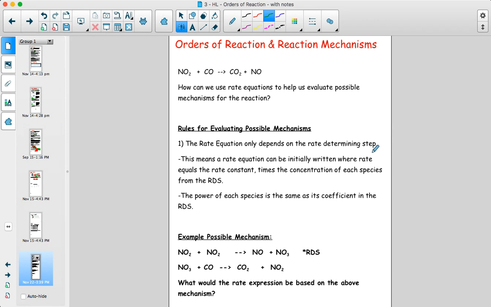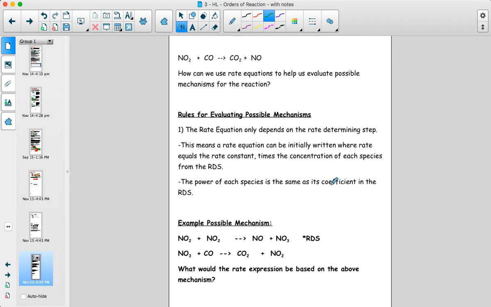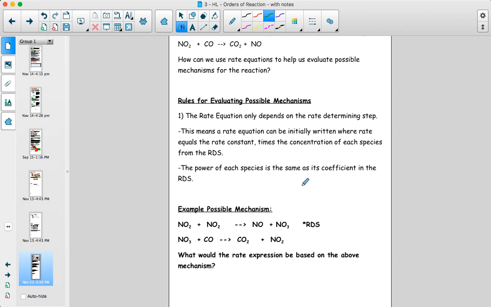So the rate determining step is really all that matters for the rate equation. The rate equation can initially be written where the rate equals the rate constant times the concentrations of only the species involved in the rate determining step, and where the coefficient of each species in the rate determining step ends up being the power of that species in the rate equation.